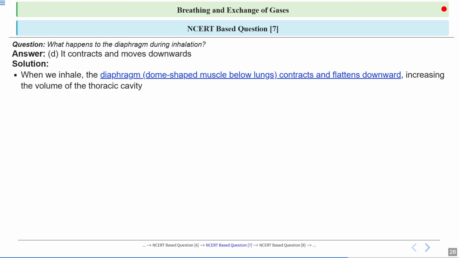So the downward movement of the diaphragm increases the thoracic cavity, and that decreases the pressure of air in the lung region, and air moves from the outer environment into the respiratory organ, the lung.